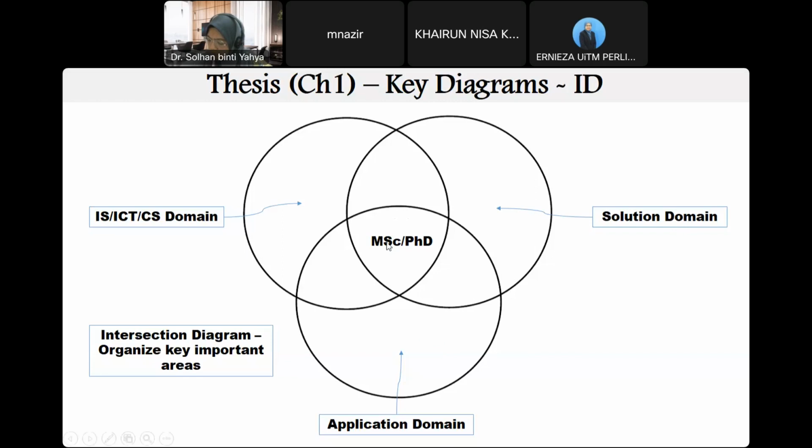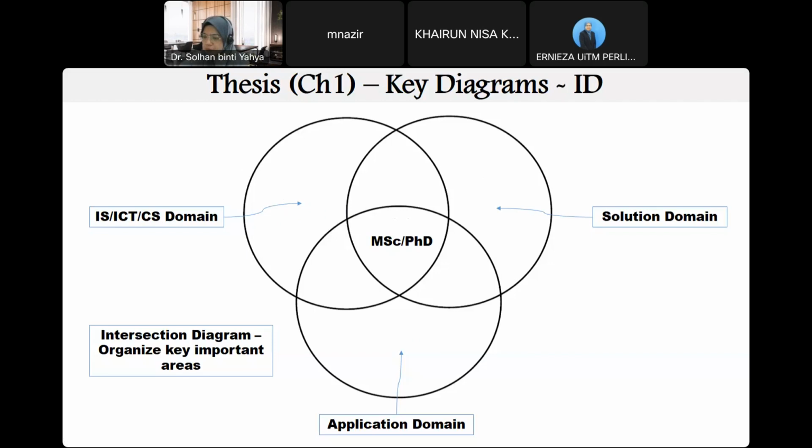And then when you build the solution, you need to make sure of another circle, another bubble here, which is the IS, or if you are in the information system field or computer science field, what is considered a knowledge contribution? This is the third one, the IS or ICT computer science domain, to help you position your work.